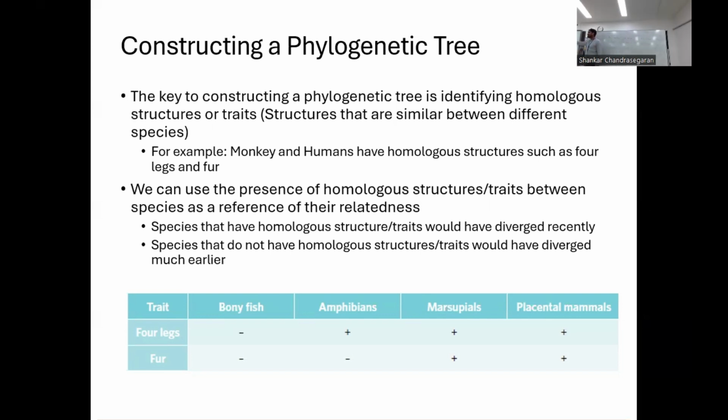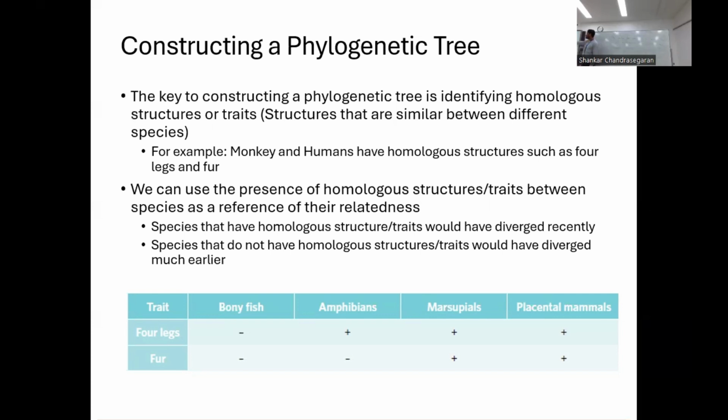Basically, structures that are similar but can possibly function differently between each other, but their structures themselves look similar, right? So, for example, we're looking at four different classes of animals. One is placental mammals, one is marsupials, one is amphibians, and one is bony fish. We're going to be using these four classes to make a phylogenetic tree.